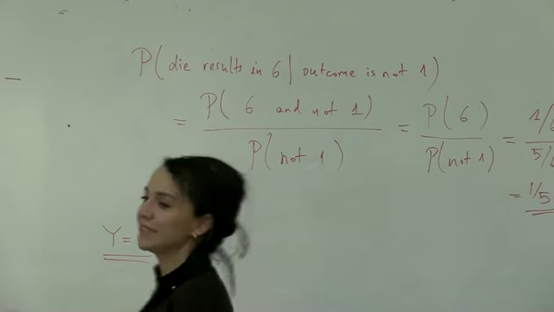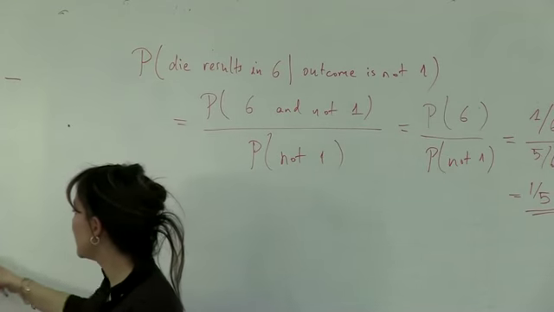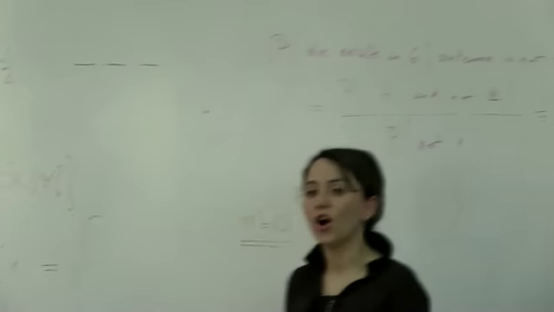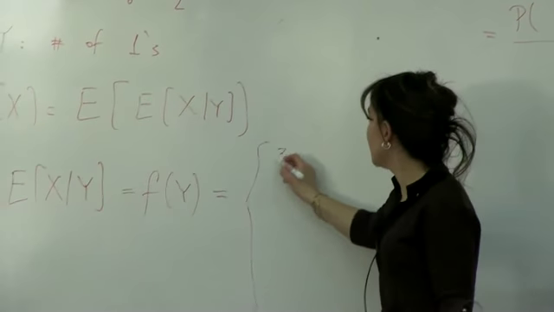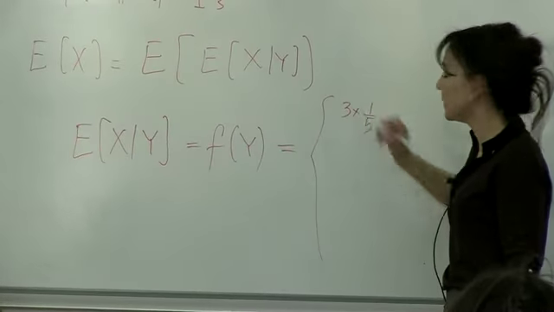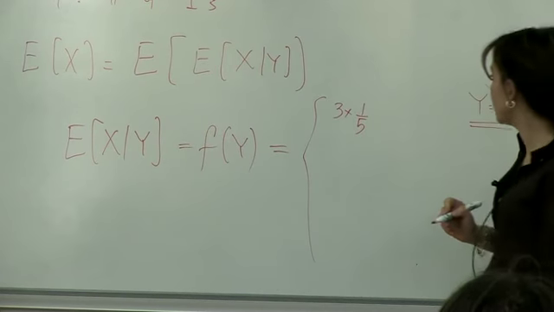The probability of a 6 is 1 in 5. What is the expectation of the number of 6s in this case? 3 times 1 over 5, which is 3 over 5.